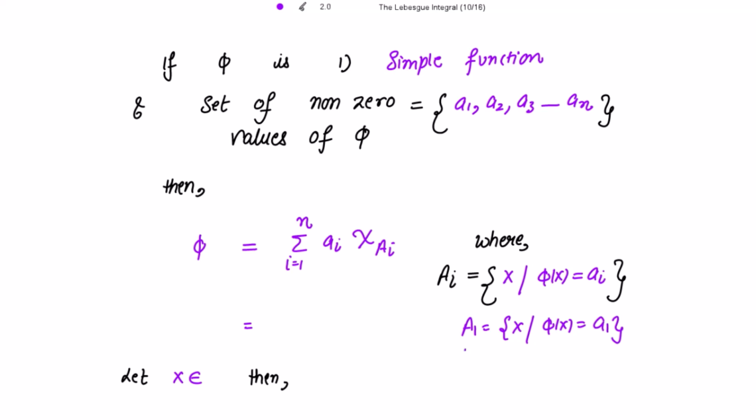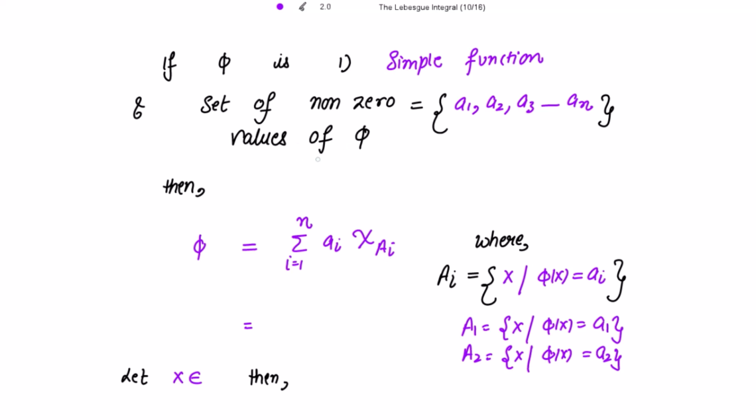Similarly, A2 is a set having all those values x such that phi of x is equal to a2. So A i is the set having all those values x for which phi of x is equal to a i. For such sets, phi is a linear combination of chi A i, that is, summation i going from 1 to n of a i chi A i.